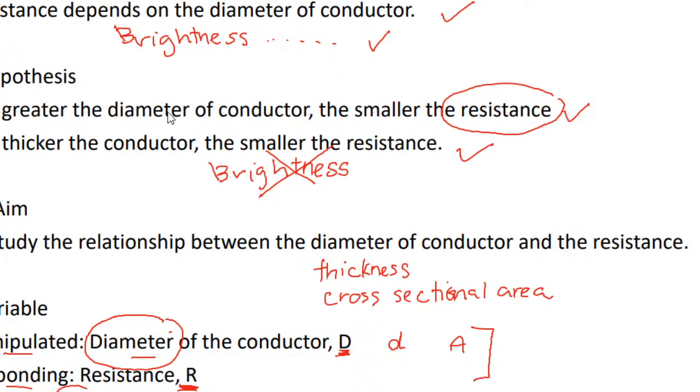In this case, we are focusing on the diameter. So diameter and the resistance. If you use diameter, continue using diameter. If you use cross-sectional area, continue using cross-sectional area. Stick to the term that you decide in the hypothesis.